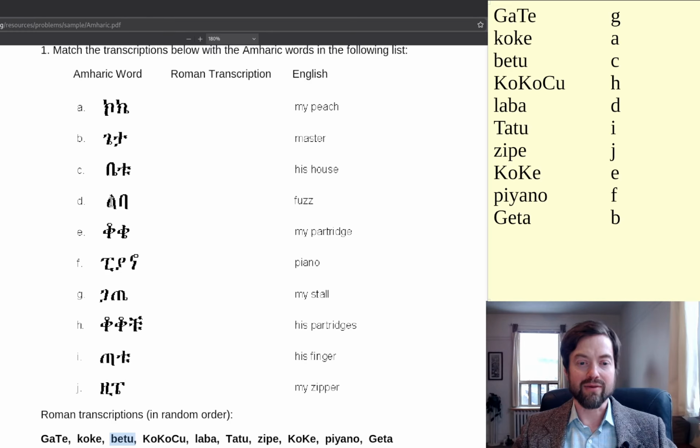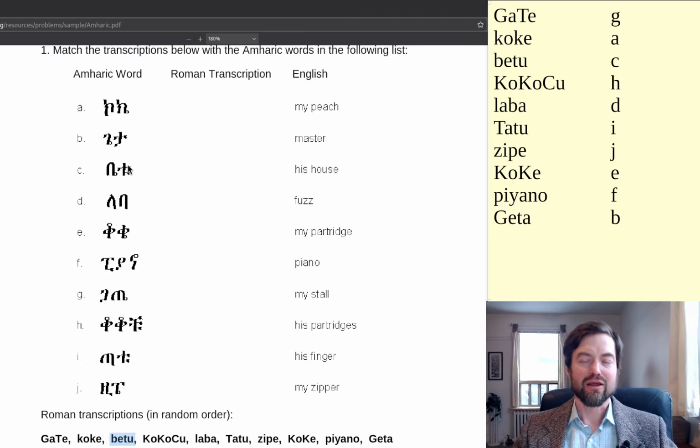Laba, yes, laba is kind of totally different from the others. There's no matches there. And it falls into place. And there it is. And so you can see how you just use each piece that you solve, you just roll it into the next piece. And just end with a little fun fact from this language.